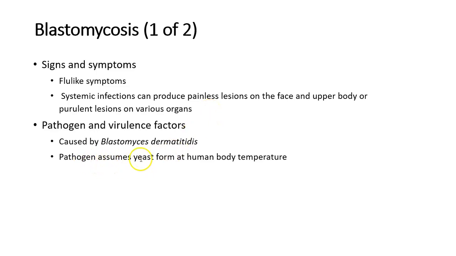The pathogen assumes, again, the yeast form at human body temperature. The problem with these fungi is they're hard to treat. As I told you, we have fewer things to treat these fungi with, so that when we have to pull out amphotericin B, that's really not a good situation. Okay.